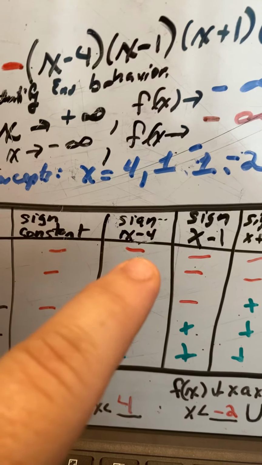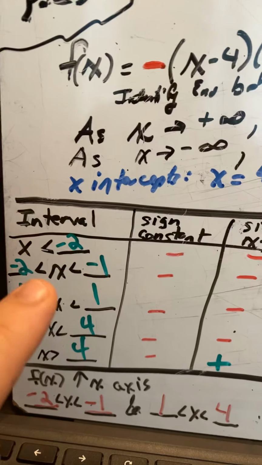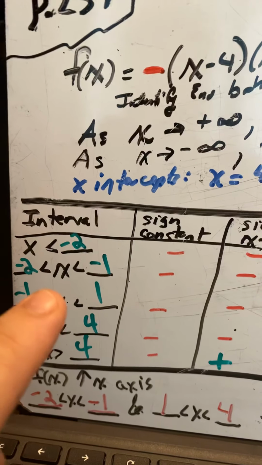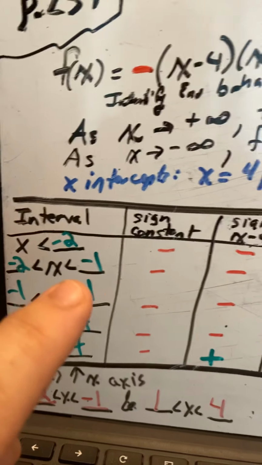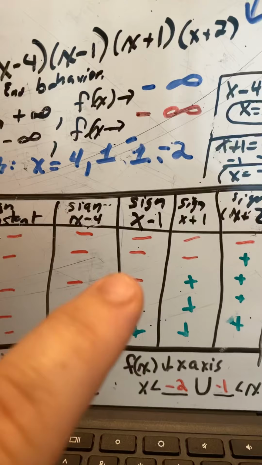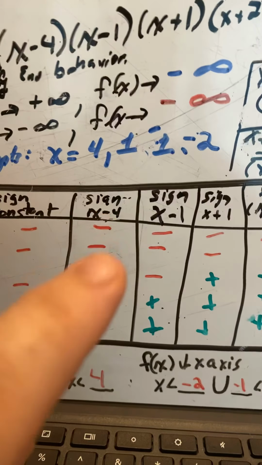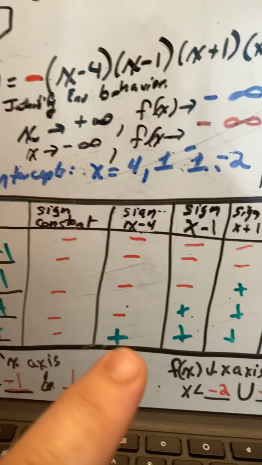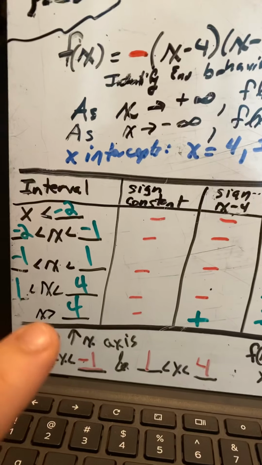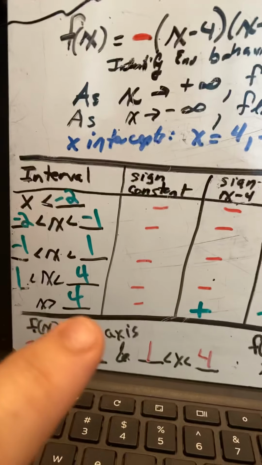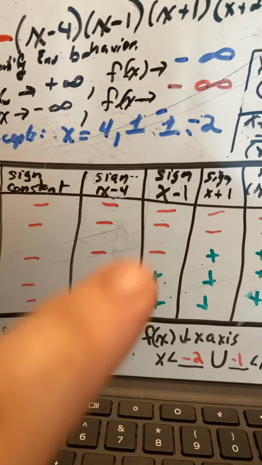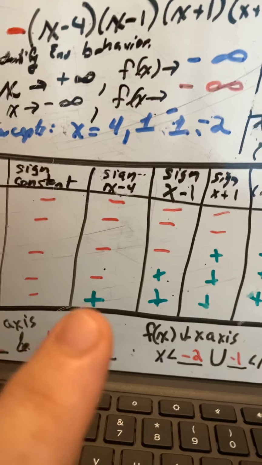So the sign of that is negative. And the same thing here. Between negative 1 and negative 2, let's just say negative 1.5. Negative 1.5 minus 4 is also negative. Why does it switch to positive over here? Because when x is greater than 4, let's just try a number, substitute. How about 5? So 5 minus 4 is positive 1. And so that's where those come from.